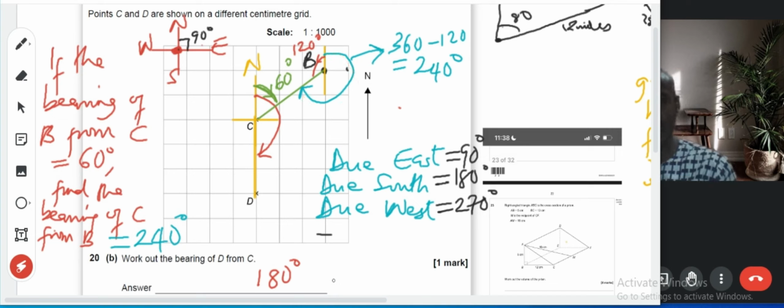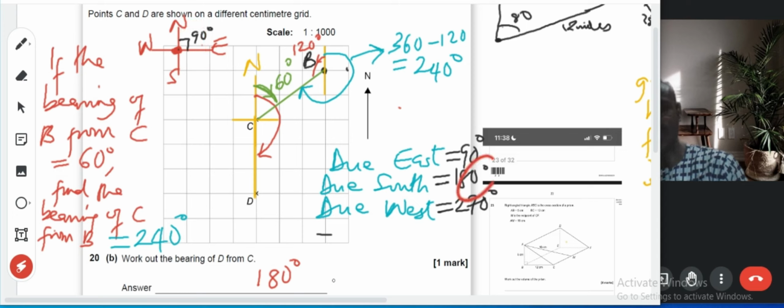Sometimes they may ask you due east or due south or due west. If you are at this point and you are to measure due east, it just means go towards the east, and the bearing will be 90 degrees, because you always measure bearing from the north. So 90 degrees is due east. If it is due south, from facing the north, you rotate towards the south.